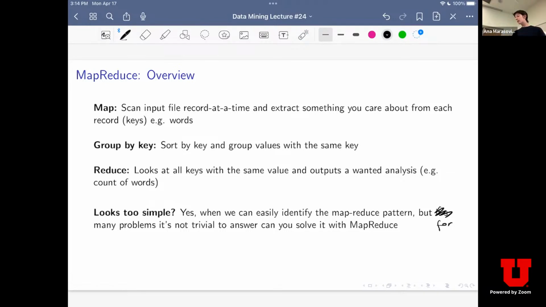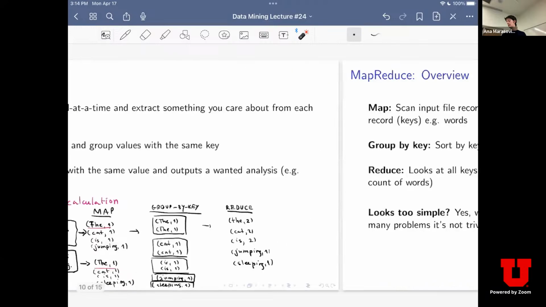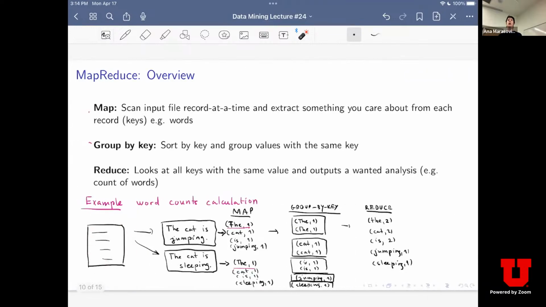And the point here is that with word counts, it was kind of straightforward to see how we can turn our initial data, how we can split it to different nodes, how we can then extract keys, and how we can, from values, reduce those values to get the word count across the entirety of data from each one of the chunks.